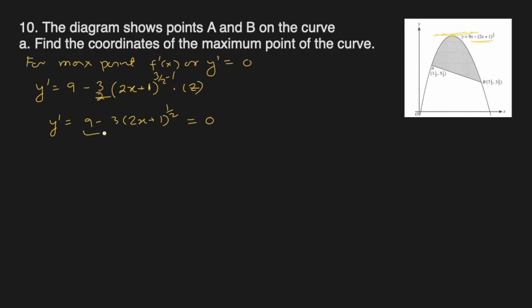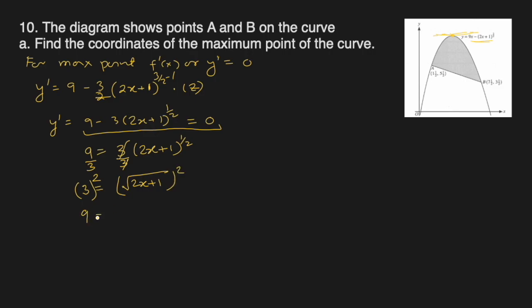So this becomes our equation which we need to solve to find the x coordinate. 9 will stay on the left side, and this is negative, so it goes to the other side and becomes positive. We can divide both sides by 3 to get rid of this 3. So 3 is equal to, power half can be written as square root, square root of 2x plus 1, and to get the value of x we have to square both sides.